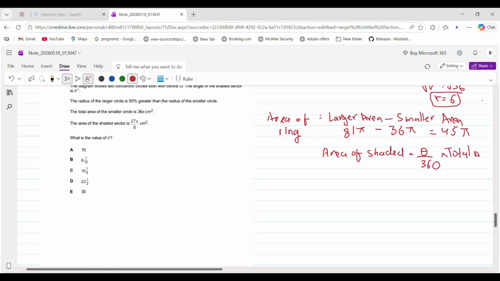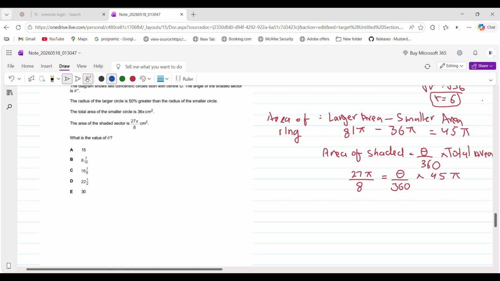Now let's substitute the values. The area of the shaded region is already given, 27 pi by 8, equal to theta, which we need to find, by 360, and the total area is 45 pi.